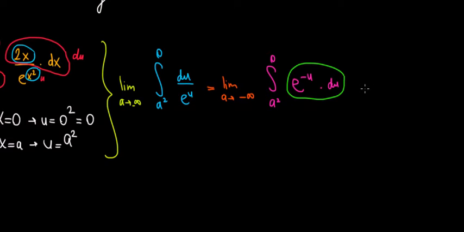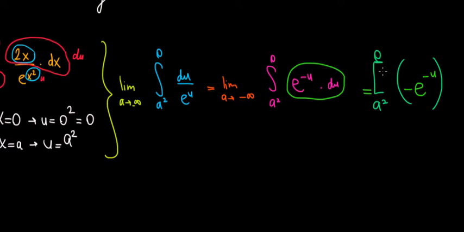The result would be just minus e to the power of minus u, with the boundaries from a squared to 0, so we have to keep that in mind as well.